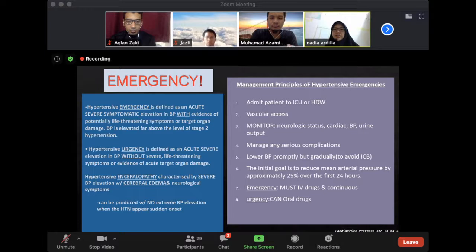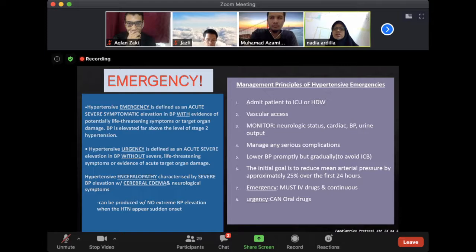Lower their BP promptly but gradually, not rapidly, because rapid lowering of blood pressure causes intracranial bleeding. Our initial goal is to reduce the mean arterial pressure by approximately 25% over the first 24 hours. It's not totally back to normal at that point in time. In hypertensive emergency, we usually use IV drugs with continuous maintenance. But in hypertensive urgency, if the patient can tolerate oral, we can use oral drugs.